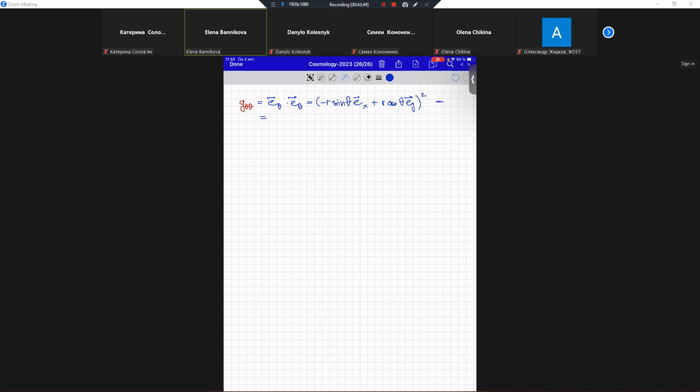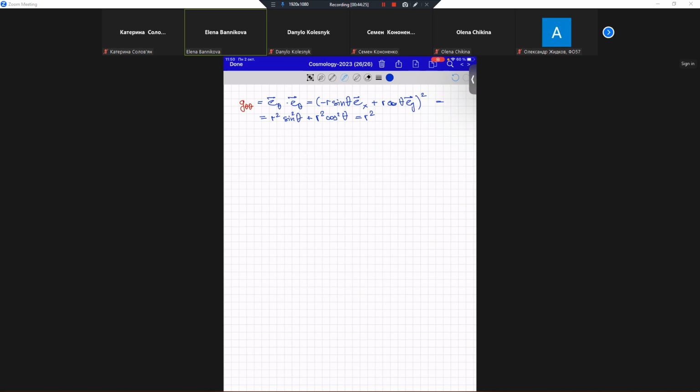So what it will be: R squared sin squared theta, because again we will have only e_x multiplying e_x. And from the second, I will have summed R squared cos squared theta. So finally we will have R squared, and it means that g_theta theta equals R squared. So what do we finally have?